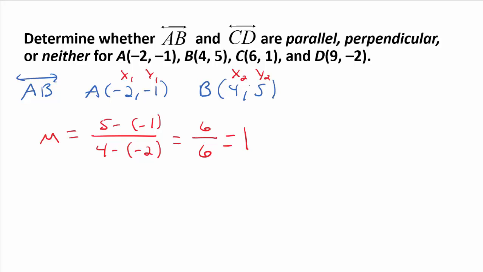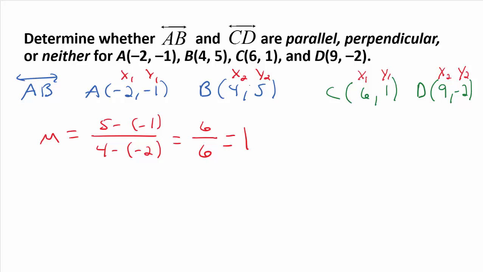Now, if we continue and look at CD, I'm just going to write it here. C is going to be 6, 1. D is 9, -2. Again, let's label our points X1, Y1, X2, Y2, and let's find the slope.